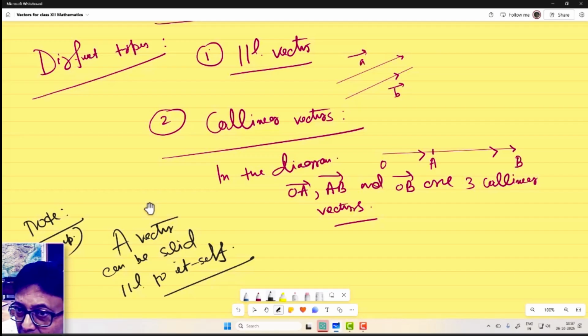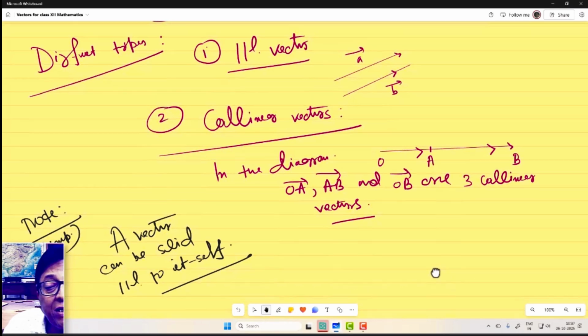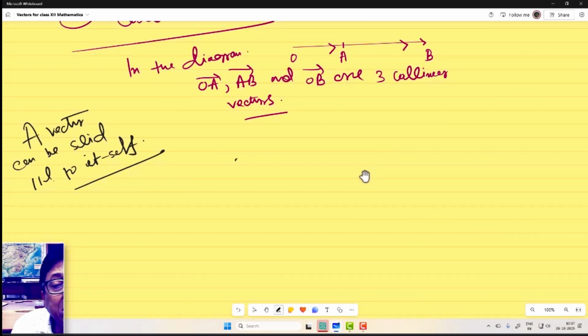B we can take onto A, or A we can take onto B. So collinearity and parallelism, basically there is no difference when you are treating vector quantities. A vector can be slid parallel to itself. That's why parallelism means collinearity. Never forget that.